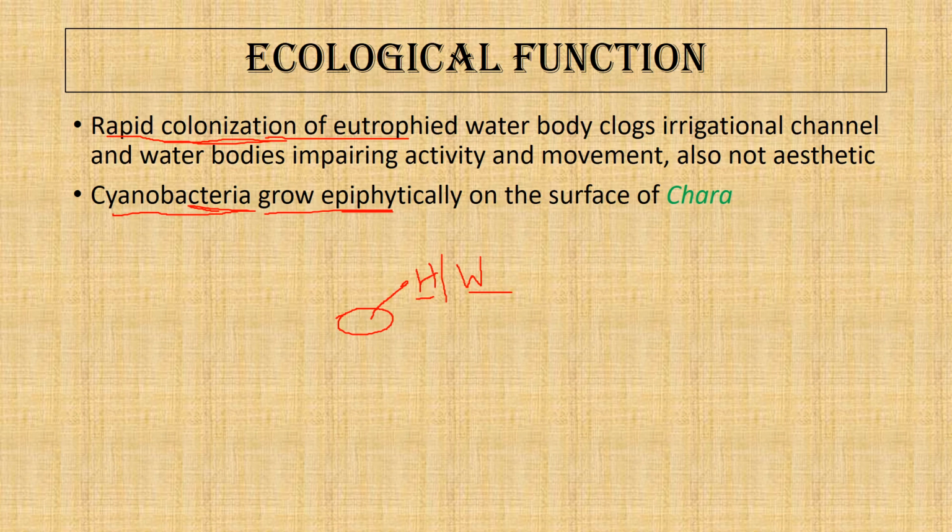So in water containing Chara, if that Chara has a surface layer of cyanobacteria, then that water can become toxic also. So these two are the negative effects of having Chara.